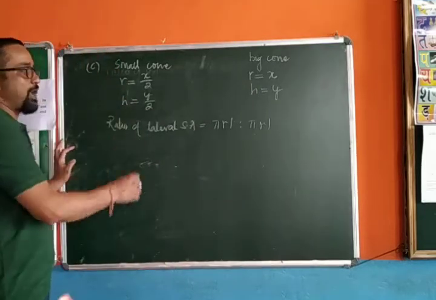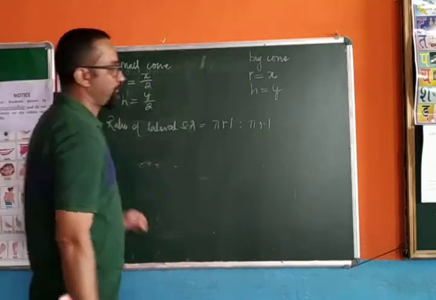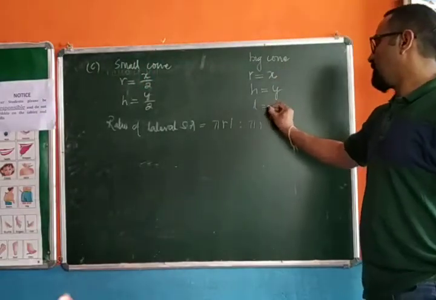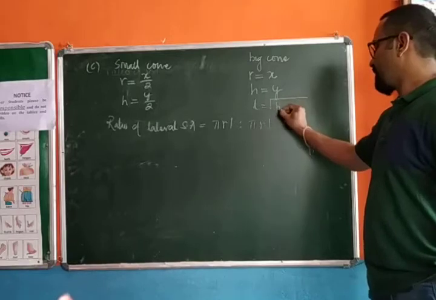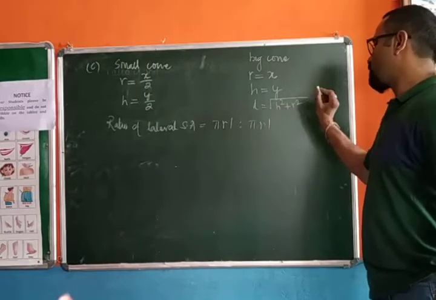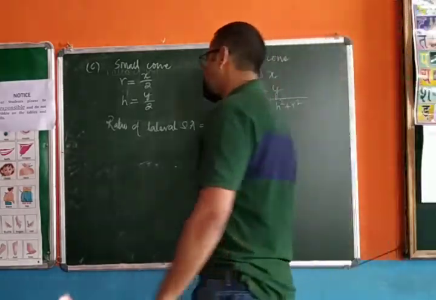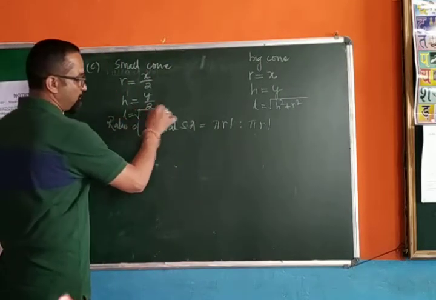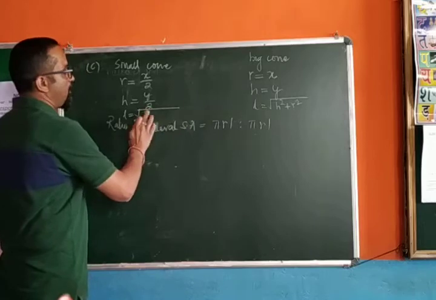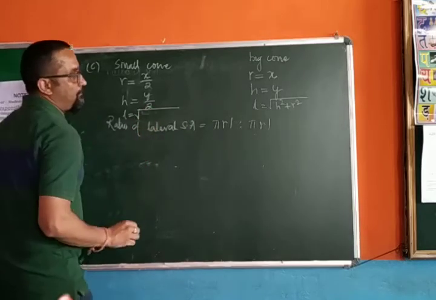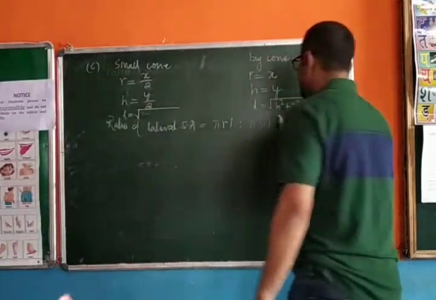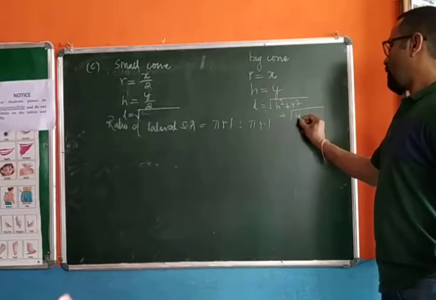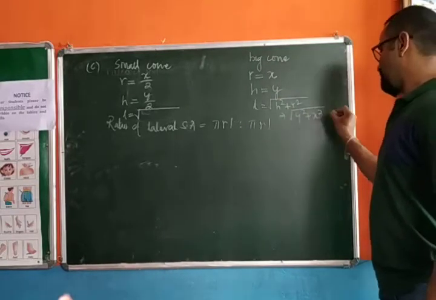So you need to calculate slant height for both. For this one, L equal to root under h squared plus r squared. Leave it like this. For the big cone, you can substitute the values, root y squared plus x squared.